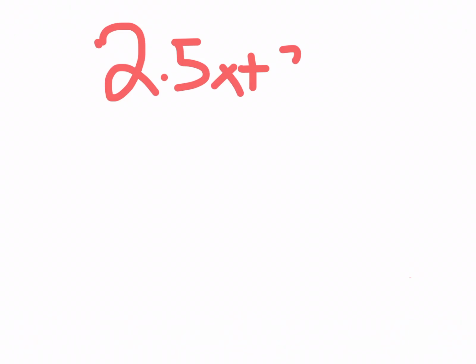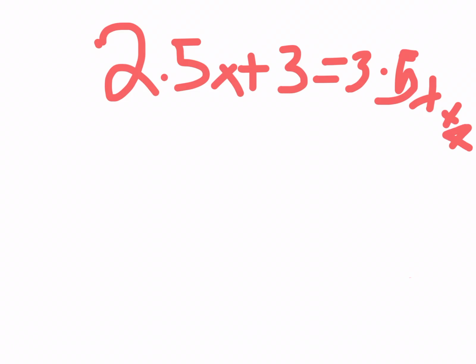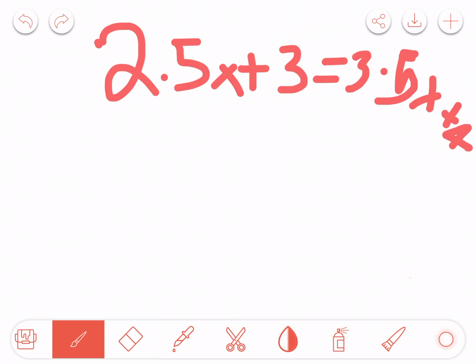2.5x plus 3 equals 3.5x plus 4. Okay, you guys can pause the video again to see if you can try to figure it out. I can rewrite the problem.